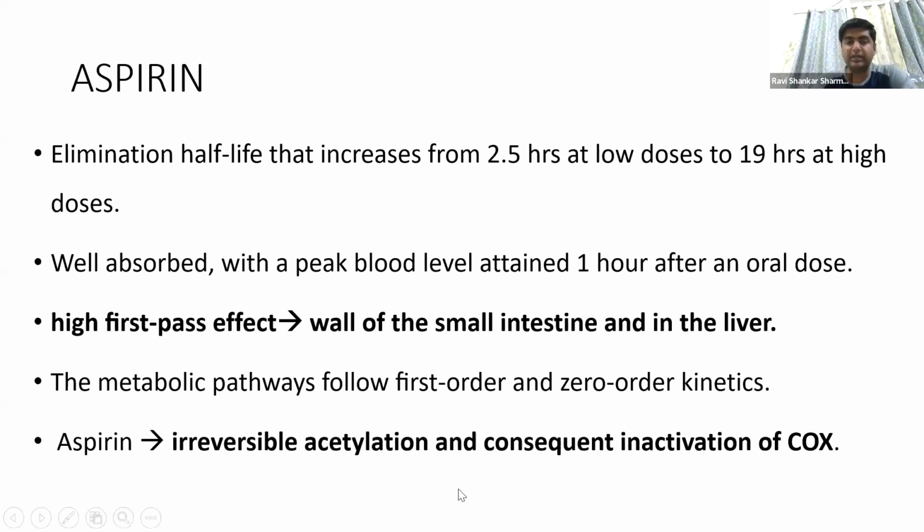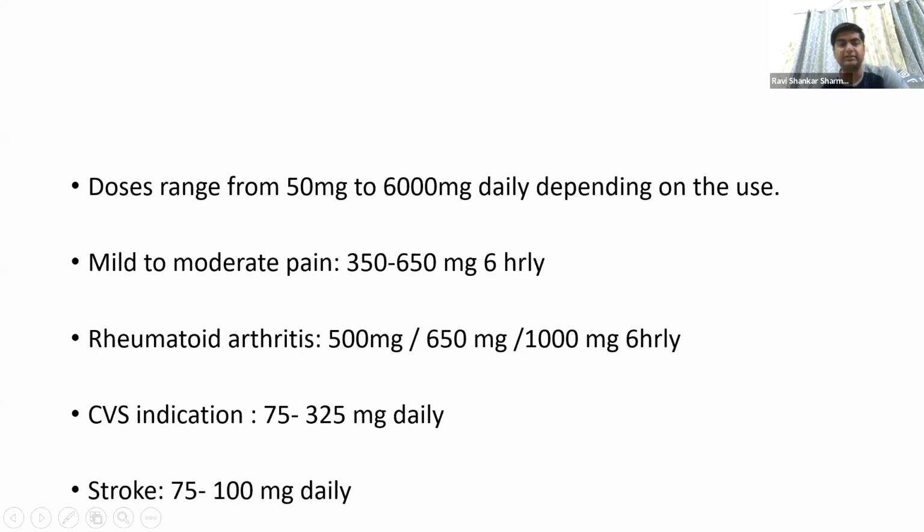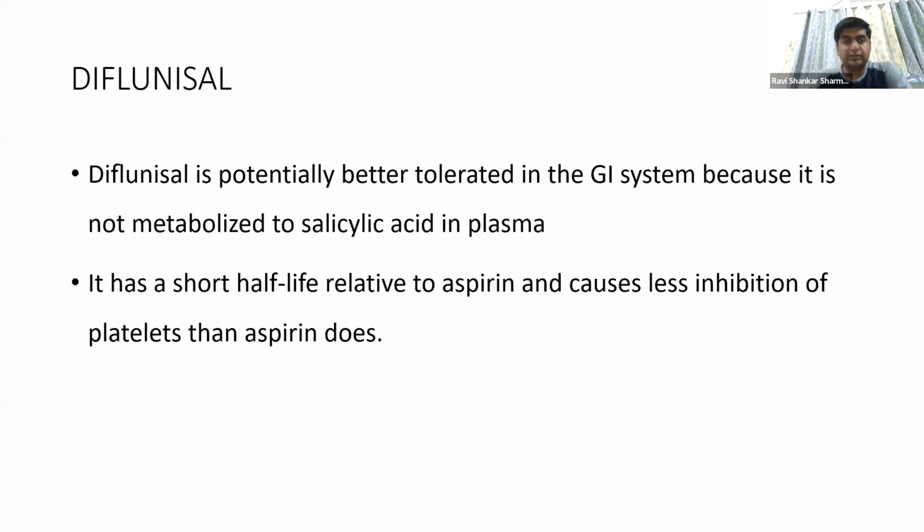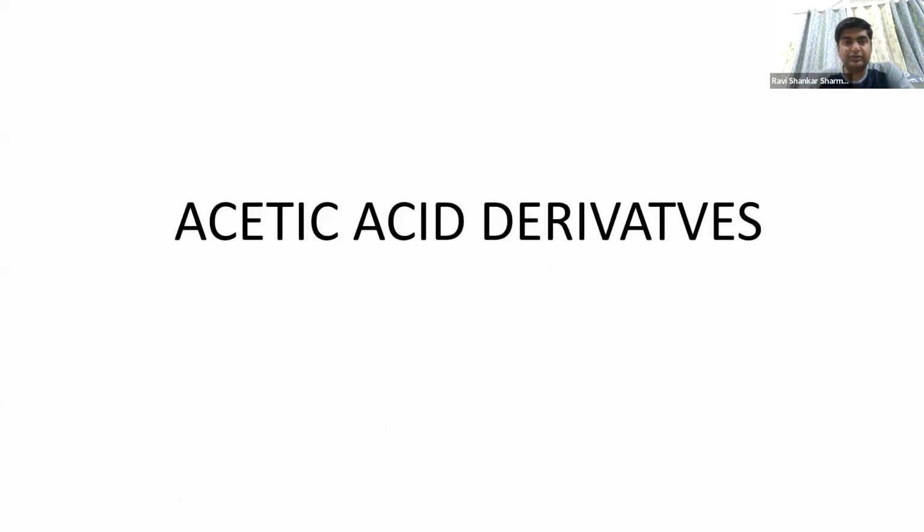An important thing to remember: it irreversibly inhibits COX by acetylation, for 7 days. Okay, and the indication which we use in rheumatoid is at doses of 500 milligram to 1 gram 6 hourly. For cardiovascular use, 75 to 325 milligram. So diflunisal is not used.